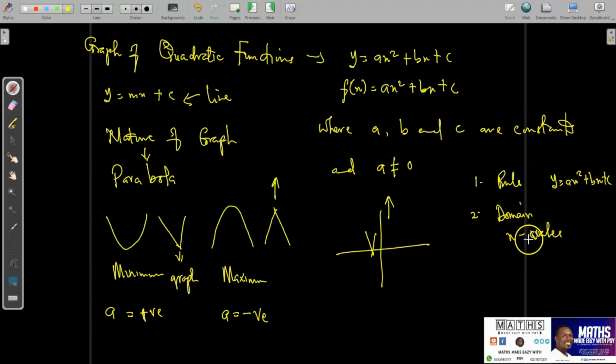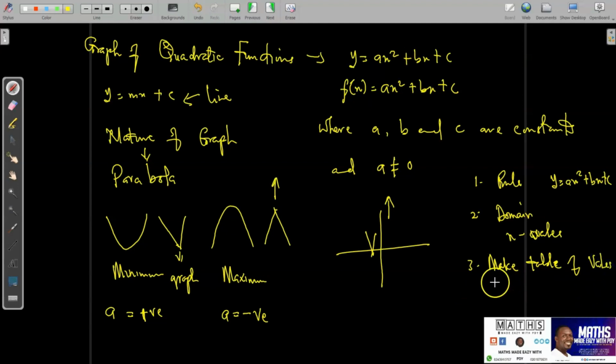With the x values and the formula or the rule, number three, you make a table of values.